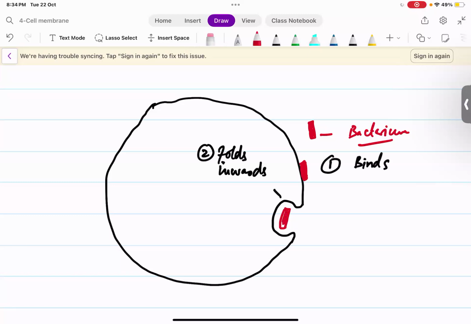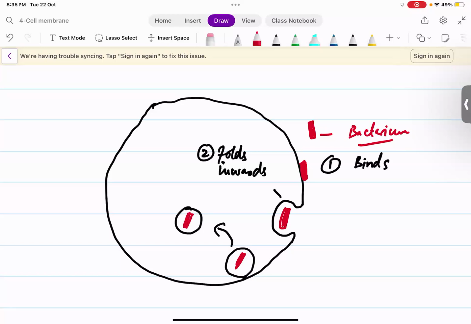Okay. And then this membrane is separated from the cell surface membrane and moves into the cytoplasm with this captured bacterium or foreign particle in it.